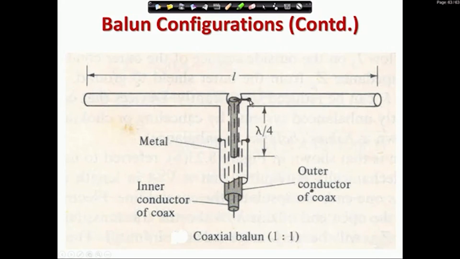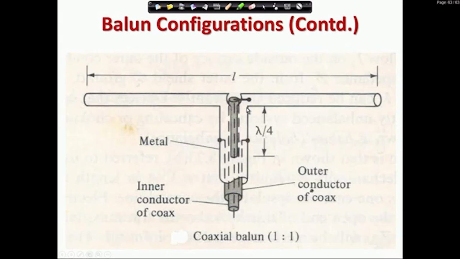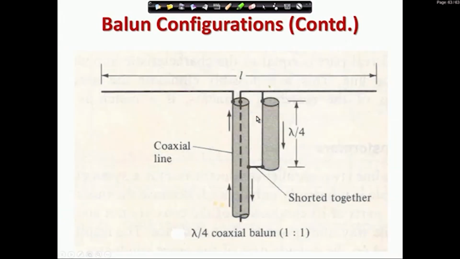So, this one is the outer conductor, this is the inner conductor of the coax, outer conductor. Now, the balun's job is to convert balanced to unbalanced.